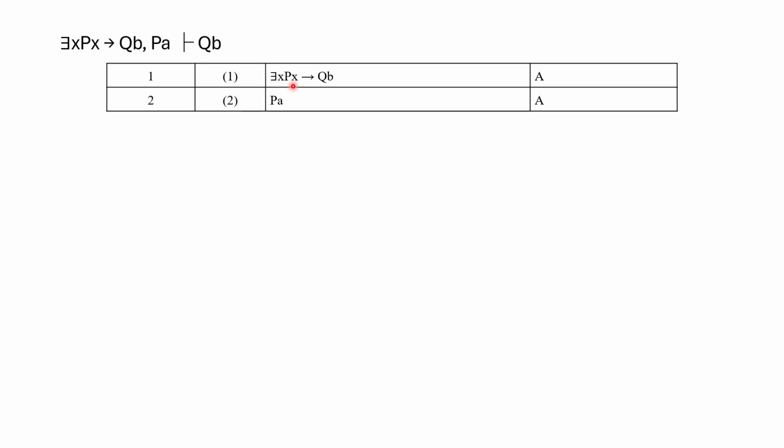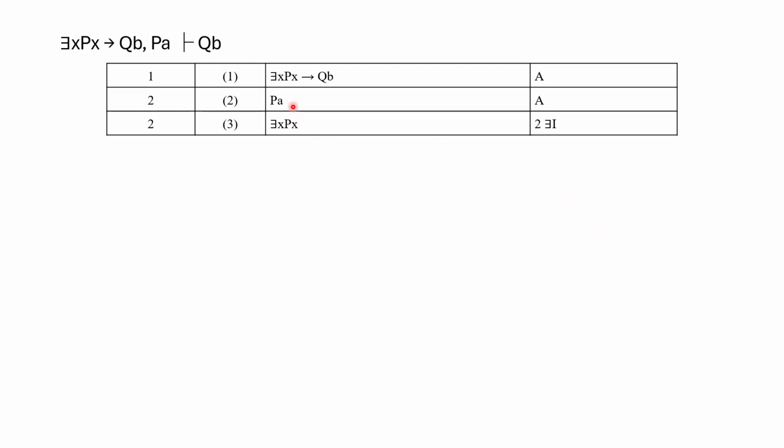So how do we get to our conclusion here? Well, it's attached to this conditional statement, so we just really need the left side of this arrow. From 2, we can introduce an existential quantifier by replacing the constant a with an x variable. We get the left side of our arrow up here. So that's all we have to do.